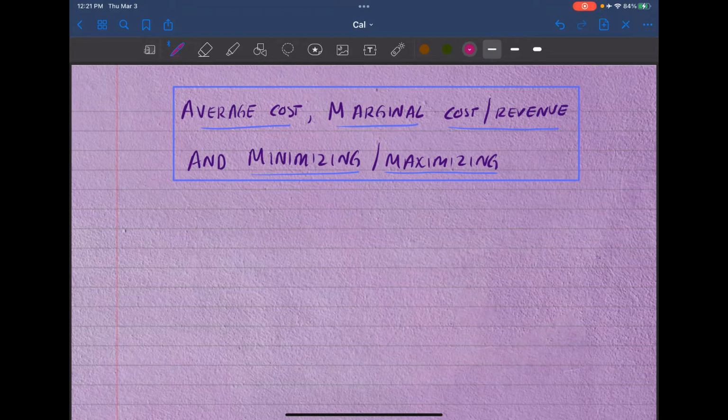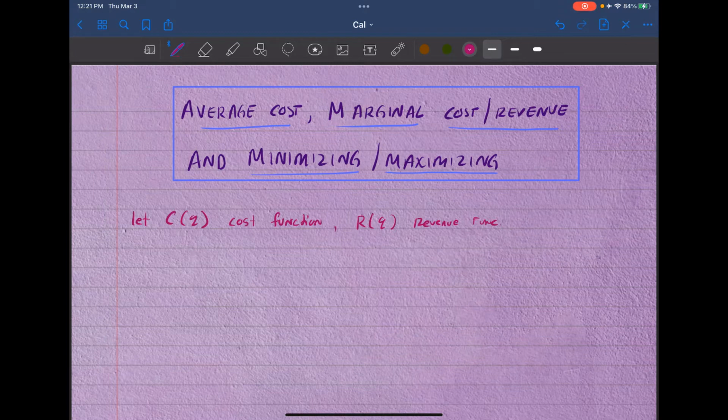So let's suppose C of Q, let that stand for cost function. So if you have some cost function, and let's say R of Q be the revenue function.